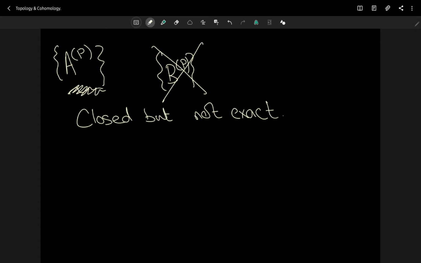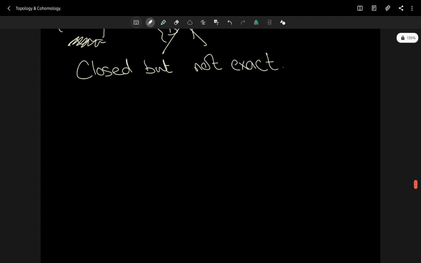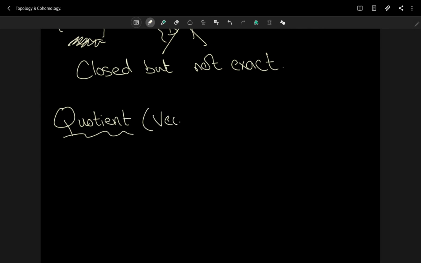Now, to go even deeper, we will introduce the quotient, which is a vector space. So let me write this thing over here, quotient. I hope I spelled that right. It's a vector space, and we will see very soon what this is really called.